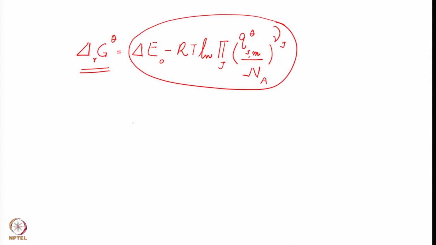Other equations that we have with us are delta G naught is equal to minus RT log K. This equation we derived when learning classical thermodynamics. R is a matter of convenience, usually R is written for reaction. Now you see, this delta G naught and this delta G naught can be equated, and once you have these two equations, we can come up with an expression for the equilibrium constant.